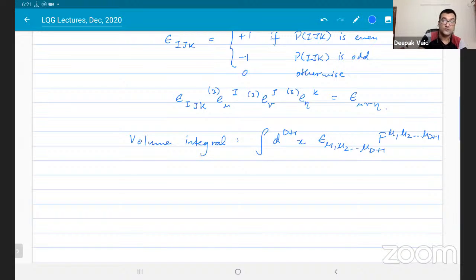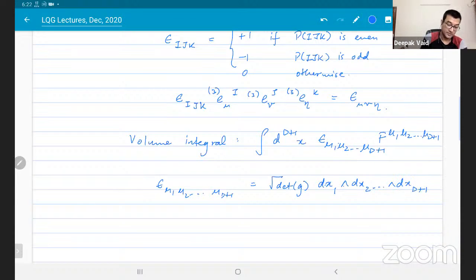Right. And this quantity, this completely antisymmetric tensor, can be written as mu1, mu2 to mu d plus 1 times root of the determinant of the metric, whatever that metric is, times dx 1 wedge dx2 wedge dx d plus 1, like this.